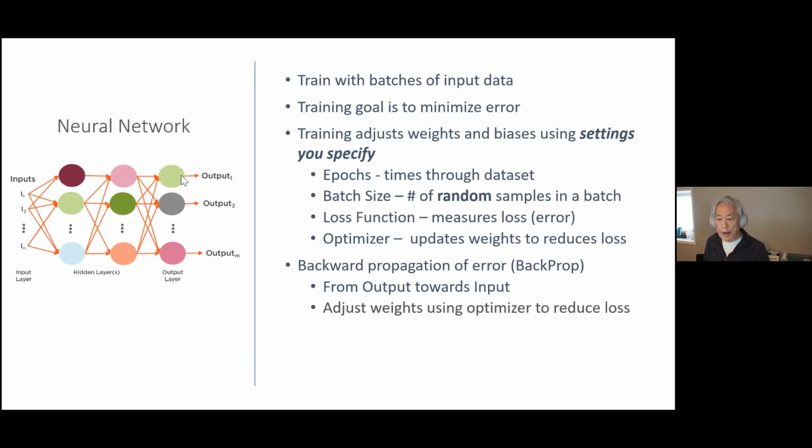So we want to work backwards, adjust this weight, adjust that weight, adjust the weights all the way through here to reduce this loss based on the loss function we specify. We'll see this in action, and it's much easier to probably understand.